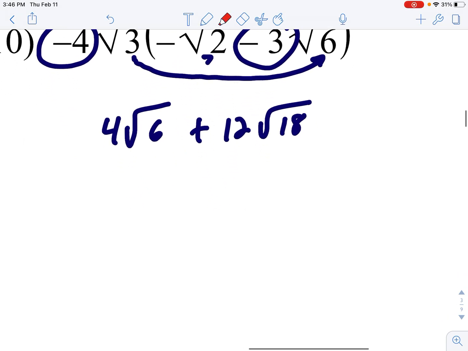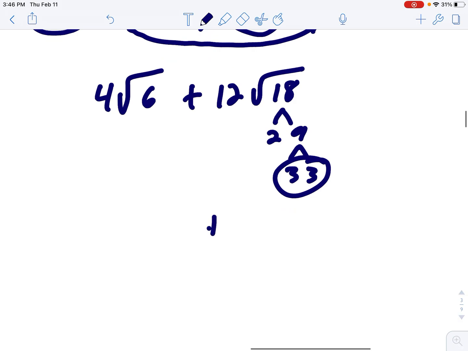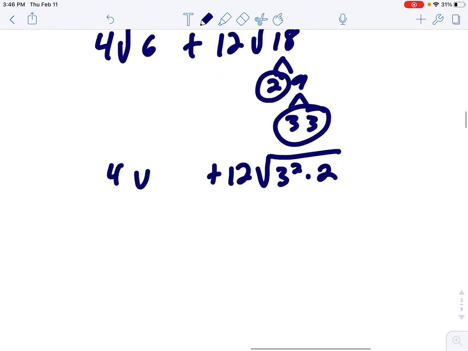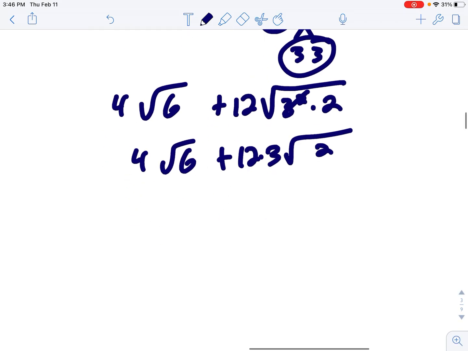Now, I think we can simplify this. 18 is 2 times 9, 3 times 3, there's a pair of 3's there. So this is going to be 12 square root of 3 squared times that 2. I'll just bring this down. I can simplify out a 3, square root of 2, bring this down.